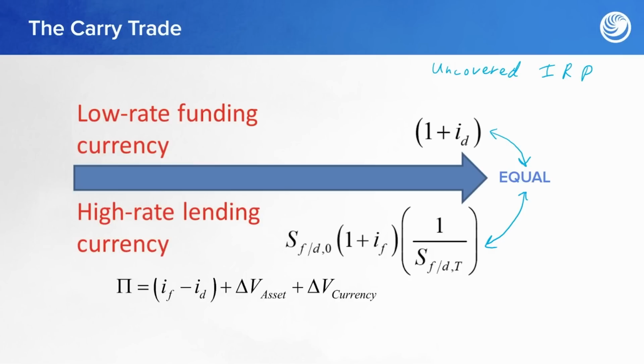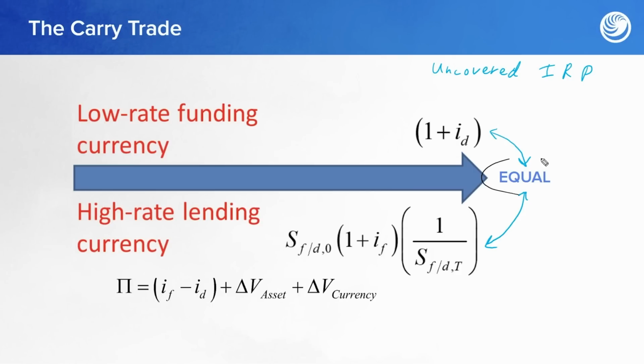Let's map out the carry trade a little bit more and also talk about the profit that can be generated from the carry trade. I mentioned that the carry trade had to do with uncovered interest rate parity, or uncovered IRP, not holding. Now remember that uncovered interest rate parity is basically this formula where we have 1 plus the nominal interest rate for the domestic currency on the left side of the formula.